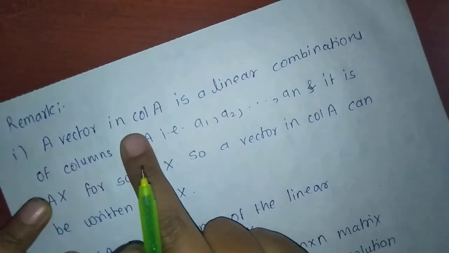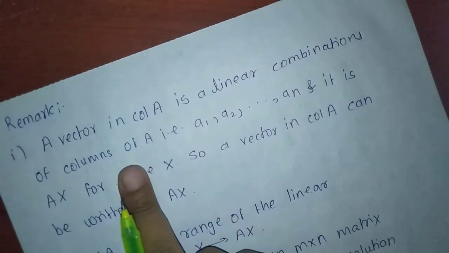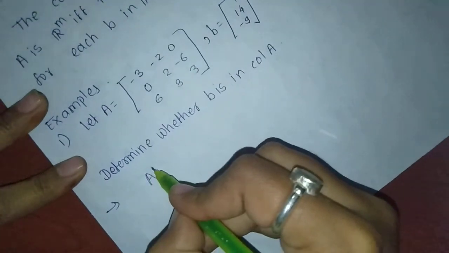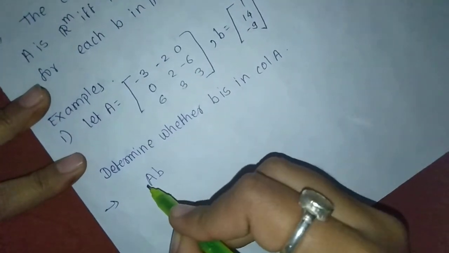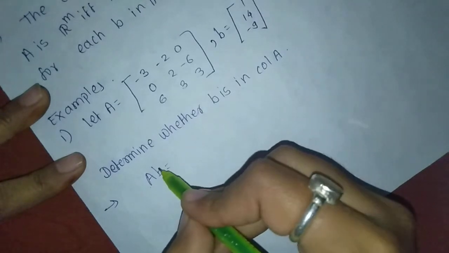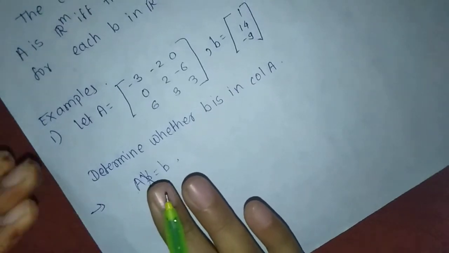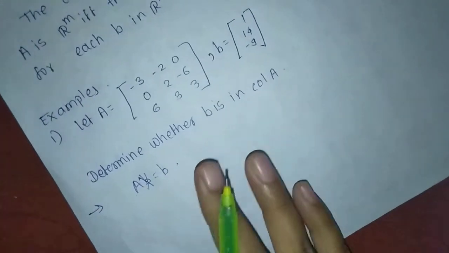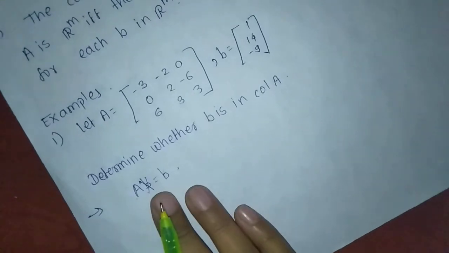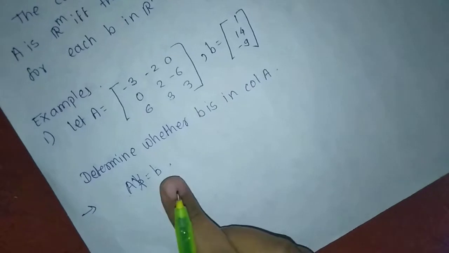A vector in column space of A is a linear combination of columns of A. That means A into X equal to B; if we get values of X, then we can say that B is in column space of A. Now consider augmented matrix A augmented B.